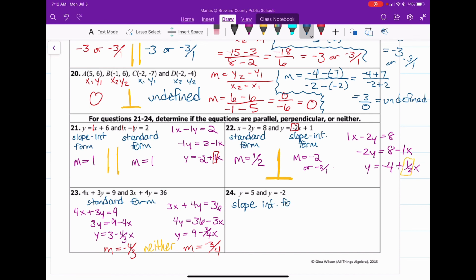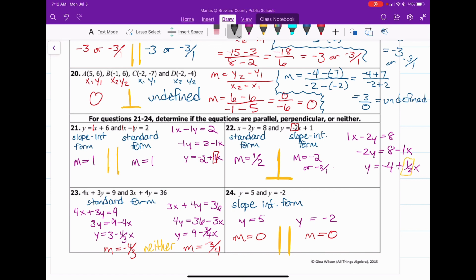Now, for the first equation, y equals 5, m is 0. And for the second equation, y equals negative 2, m is 0. The slope is 0. Now, that means that both of these lines are parallel. Okay?